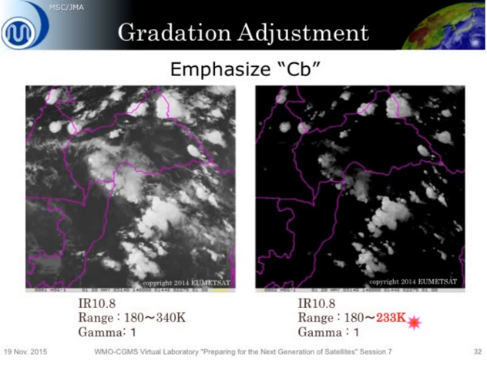You can see some clouds very clearly in the right imagery. These clouds are supposed to be thick and high CB clouds, since they have low brightness temperature. Thus, you can emphasize CB clouds by adjusting the gradation range of the infrared imagery.